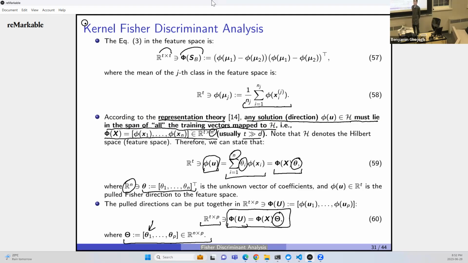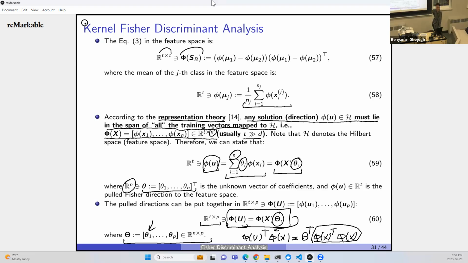Why does this usually happen? What was projection? U transpose x. In the feature space, what is projection? Phi of U transpose phi of x. Now replace it with equation 60. It becomes theta transpose phi of X transpose phi of x. Yes.